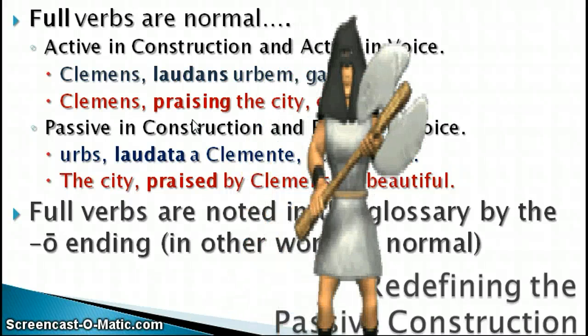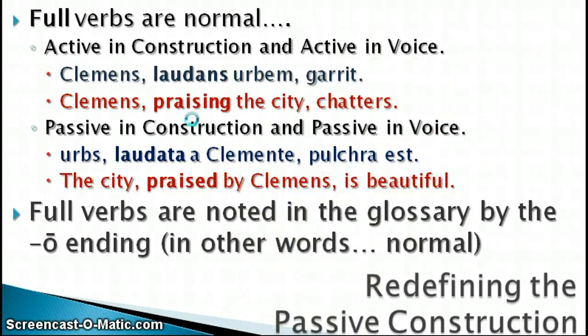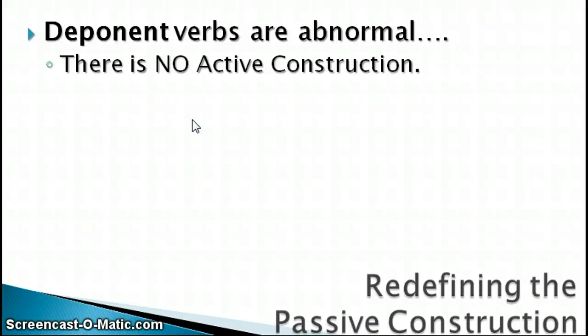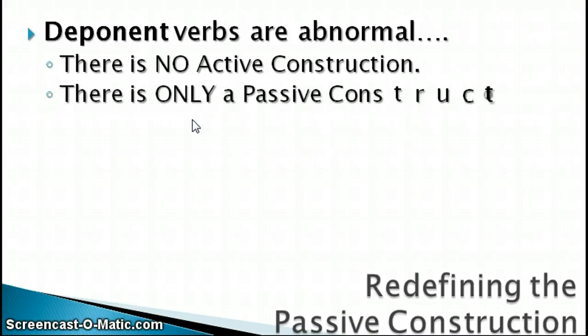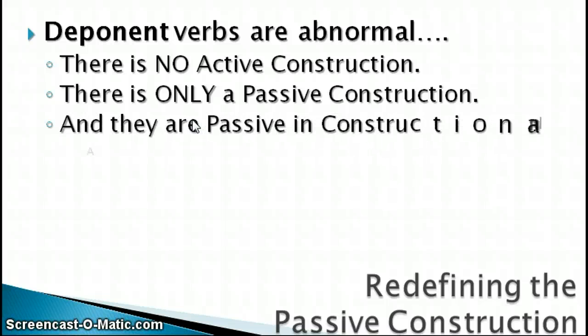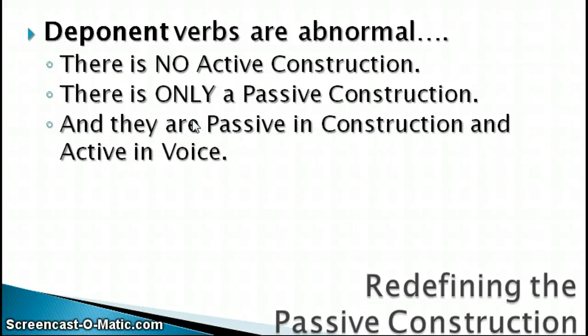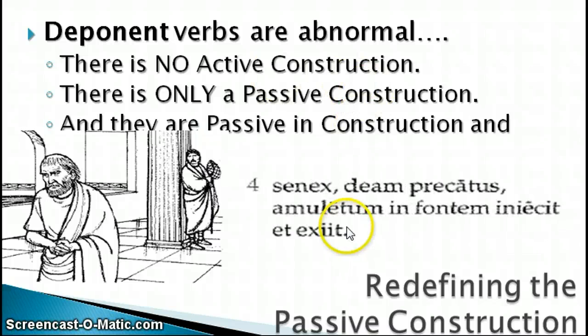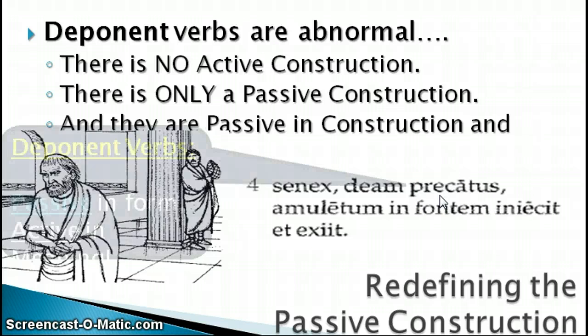So in other words, as we've been seeing for a whole year, passive in form, active in meaning. We see here the old man having prayed to the goddess, not the old man having been prayed as we would expect in a perfect passive participle.